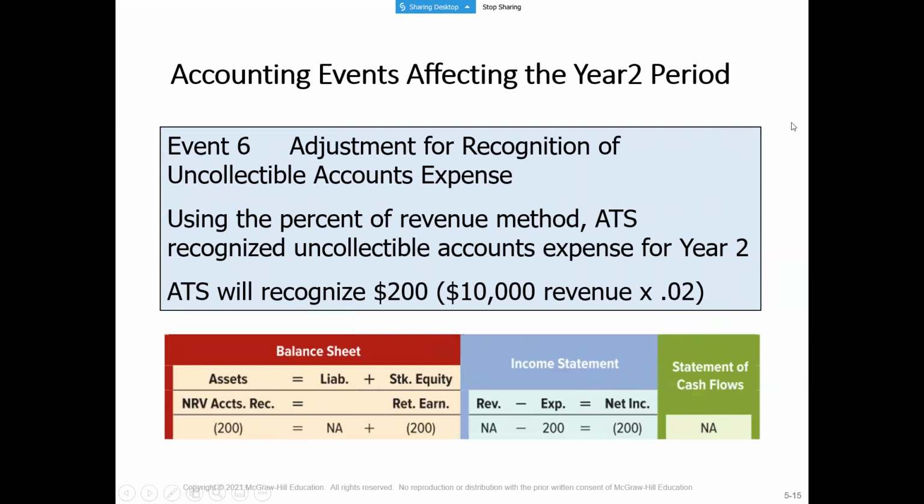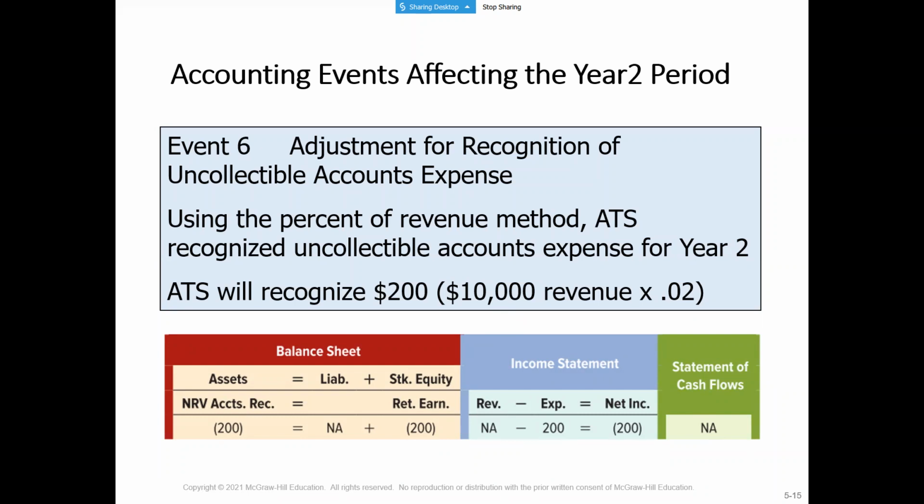So period 2, if you use the percentage of sales method, your adjustment is always going to be the amount of sales revenue for the period times the specific percentage given. So we use 2% of revenue.